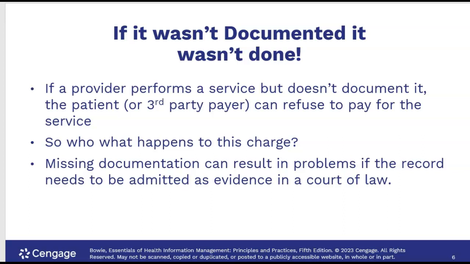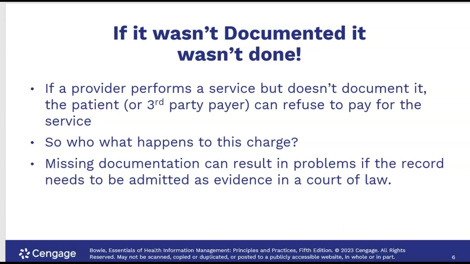for that service. So let's just say that a patient came in and the doctor went ahead and manipulated the ankle. Let's say they broke the ankle and manipulated the bones back together. But they didn't document it. So this charge goes in and it comes back, and then the third-party payer says, we don't see that you manipulated it.